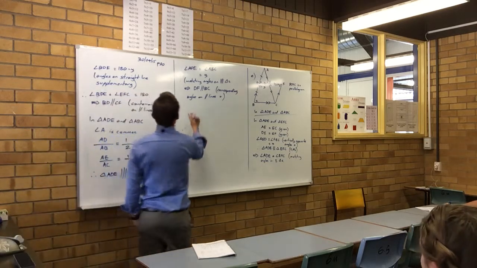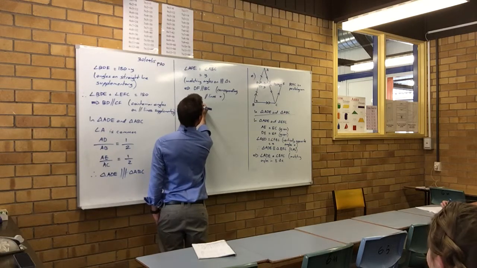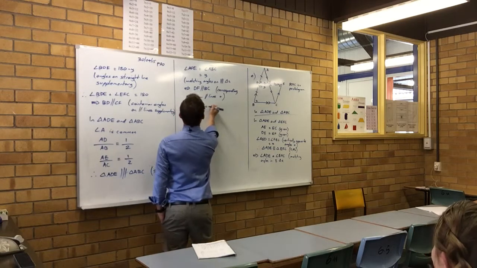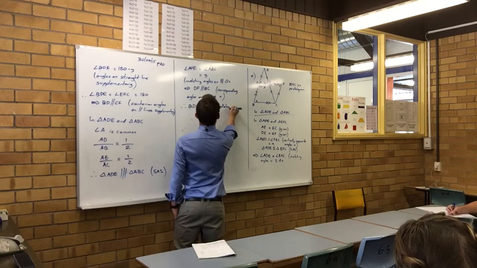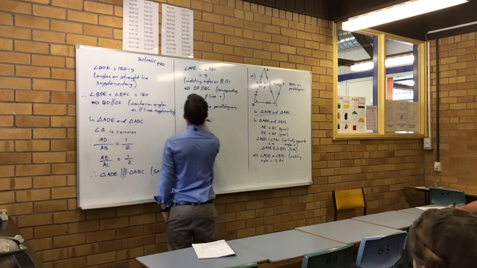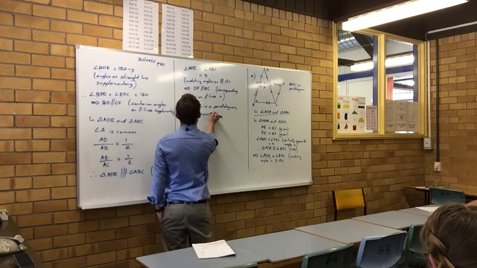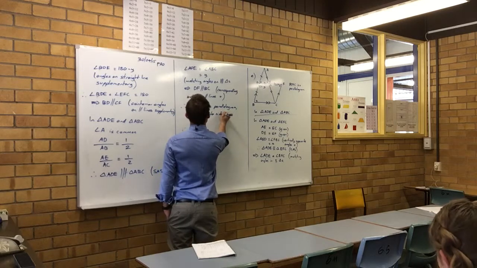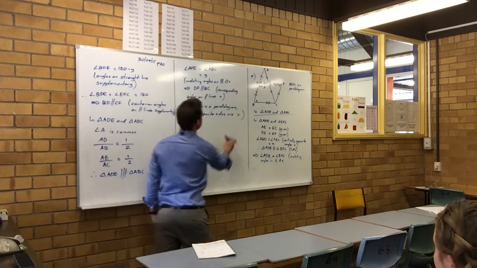Alright, therefore, BDFC is a parallelogram since opposite sides are parallel.